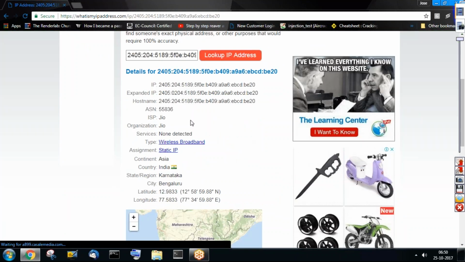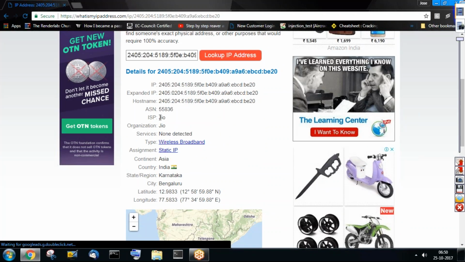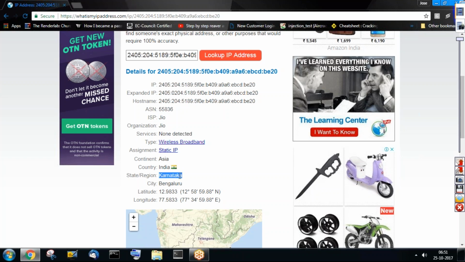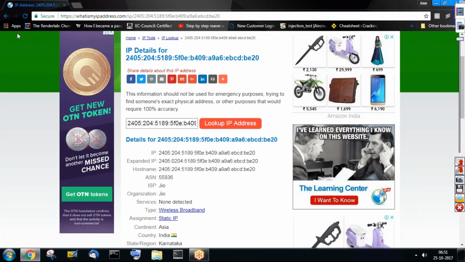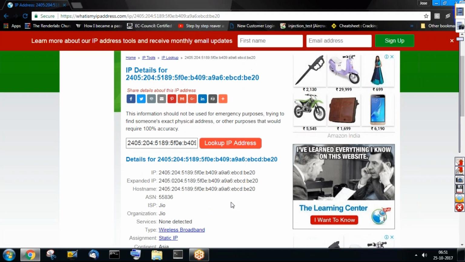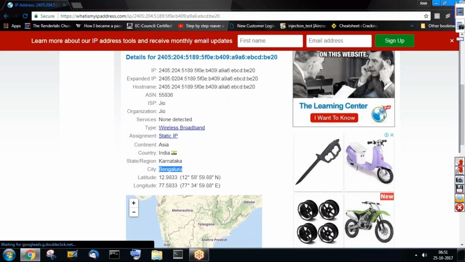See, that IP address is showing me that my ISP is Jio, and I am in Asia, I am in India. In fact, it's showing me clearly that I'm in Karnataka, I'm in Bangalore, right? So from an IP address, Google can tell me, or one of these websites like what's my IP address.com, which is located God knows where, can tell me that I'm sitting in Bangalore and that particular latitude and longitude. Don't you think that means something?